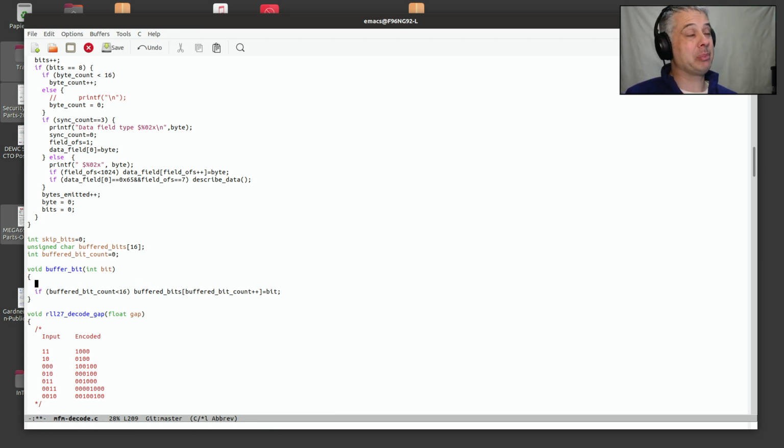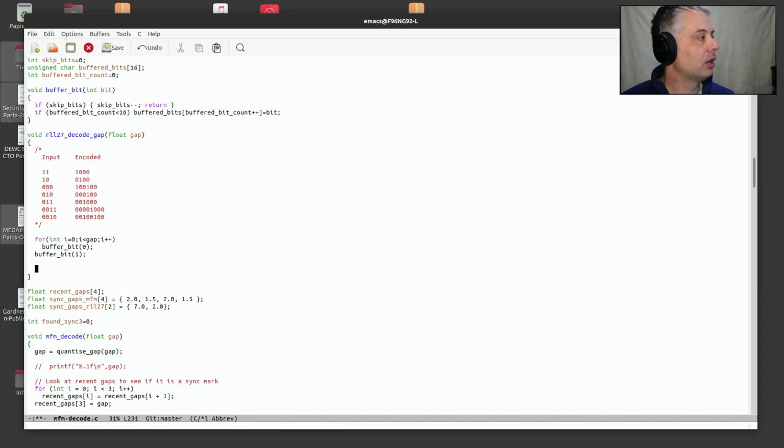But remembering, if skip bits, minus minus, return. So that will skip those first few bits. So then what we want to do is to look at those first few bits that are in the buffer and see if it matches any of these strings.